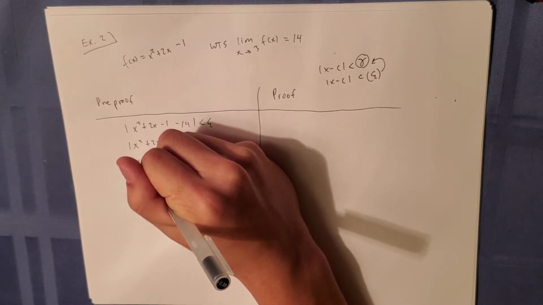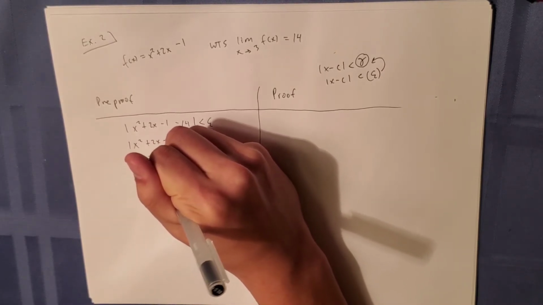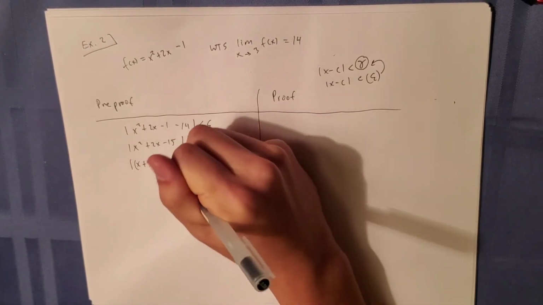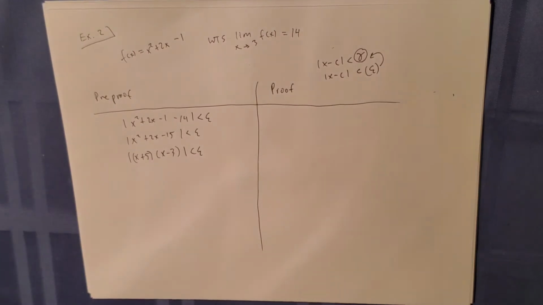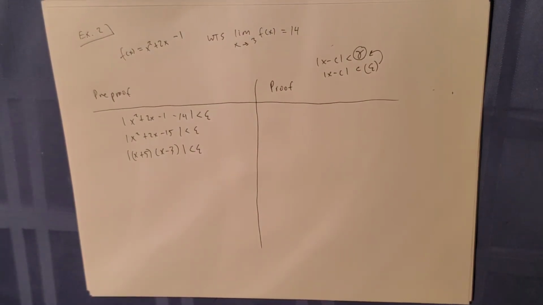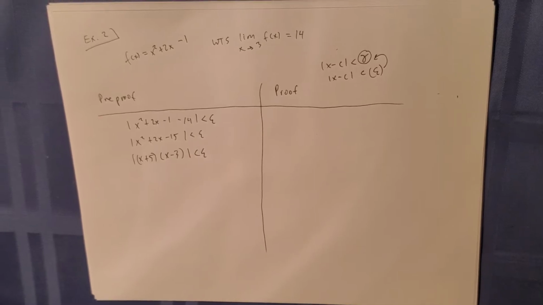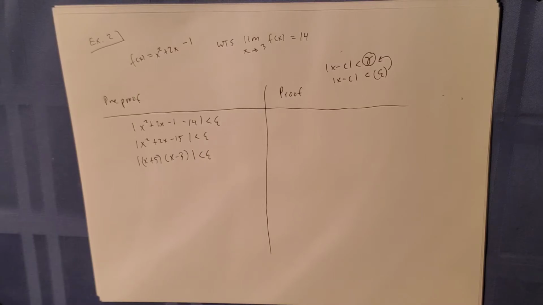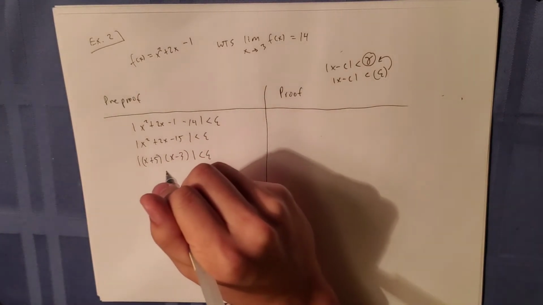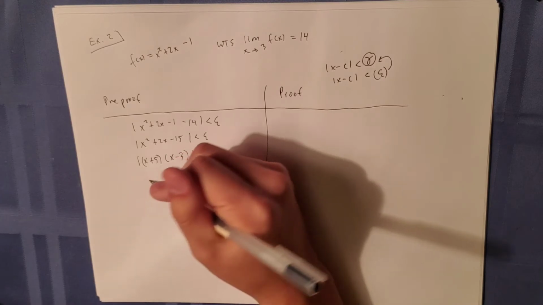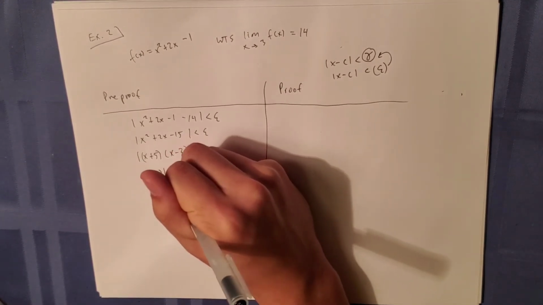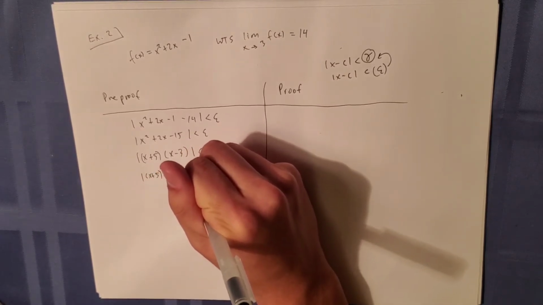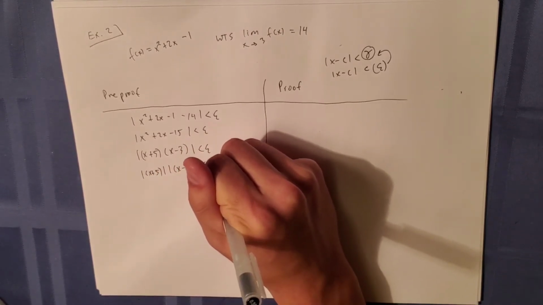So factoring, we get the absolute value of x plus 5 times x minus 3 is less than epsilon. Now we can split these absolute values here. So we get the absolute value of x plus 5 times the absolute value of x minus 3 is less than epsilon.